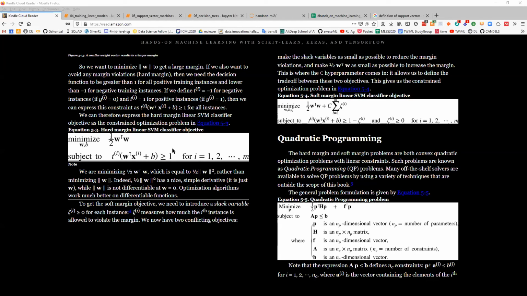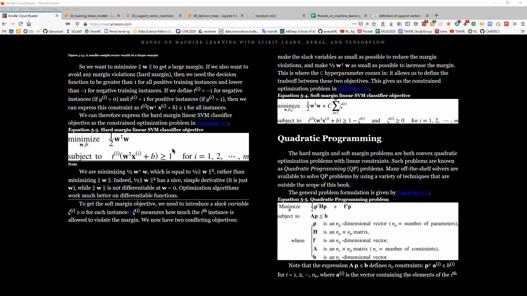Number 8, I think he just did with the iris data set, and number 9 is MNIST, and basically he's asking you to train one versus the rest to classify all digits. And number 10 is train an SVM regressor on the California housing data set. I guess pick one. Yeah, why don't we just do one?